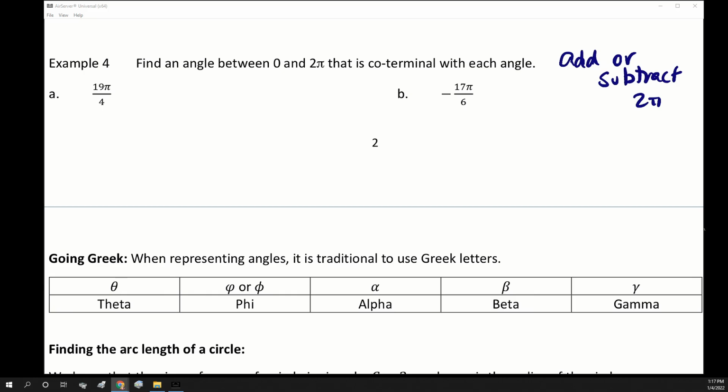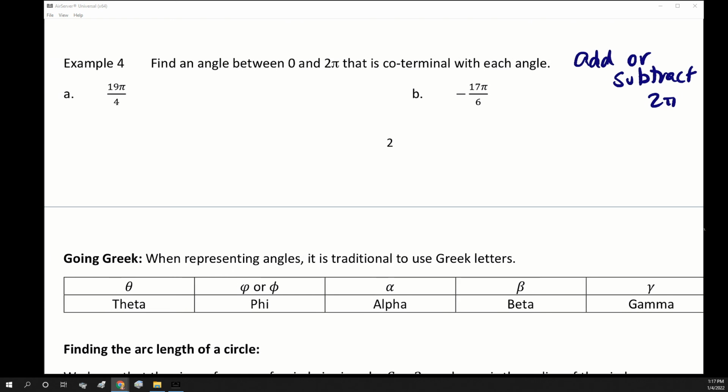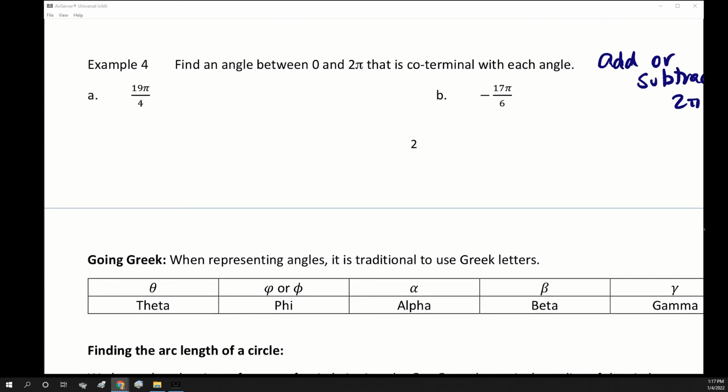Okay, now what we're actually going to do is just really in our heads add or subtract 2. So anyway, this one is 19 fourths. So it is too big. So we're going to subtract, and we need to subtract 2 pi from it.